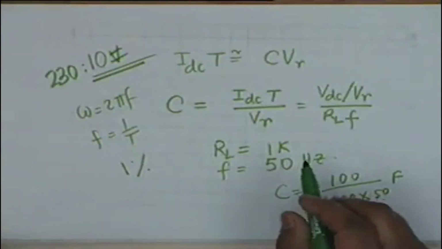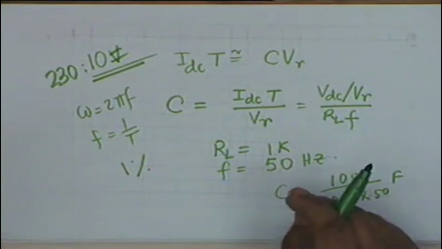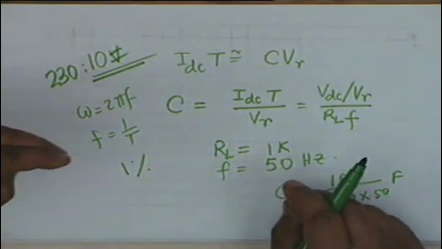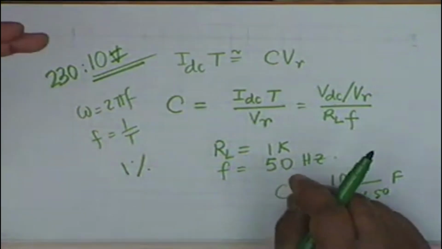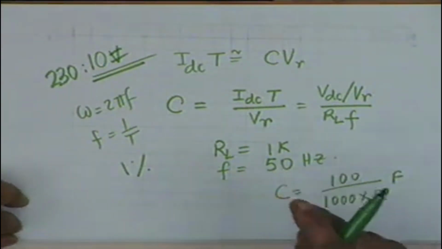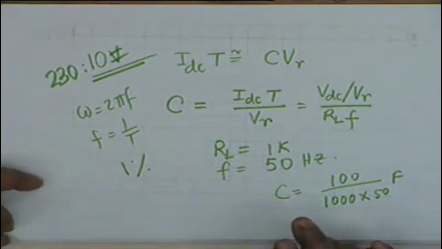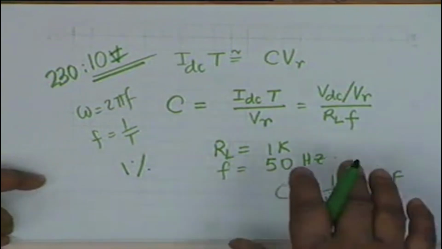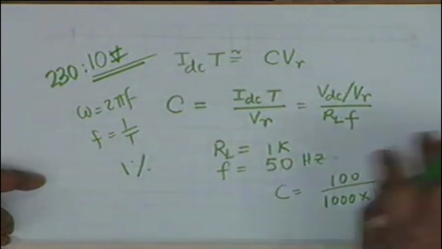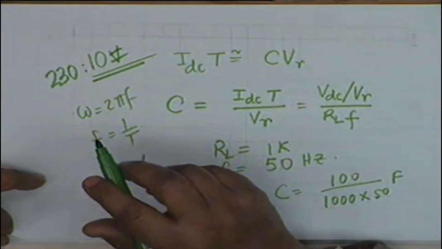In this example, we have specified that the ripple voltage is only 1%, and therefore the voltage across the load can deviate from VM by only 0.01. Can it increase by 0.01? No, it's decreased because the capacitor decays, and therefore VDC is approximately equal to VM.